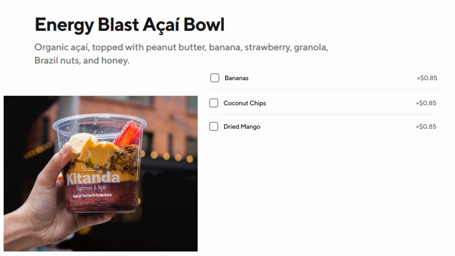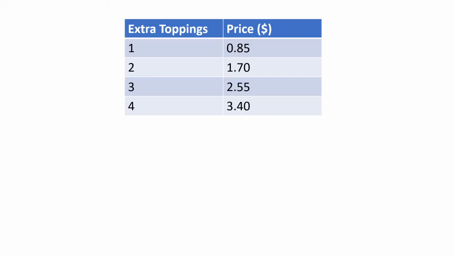So my question then is, if we change this to be a table, our extra toppings are 85 cents each. So what we're going to look at today is, based on this table, what is the constant of proportionality, and what's an equation that we could write to find the price based on any number of toppings.